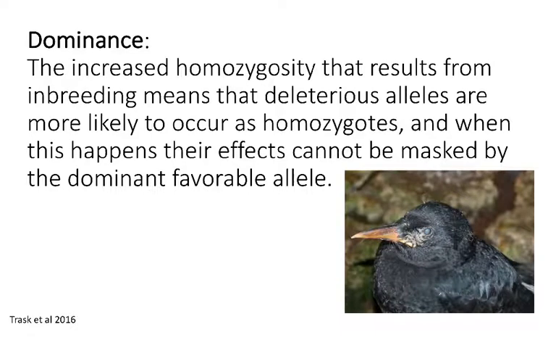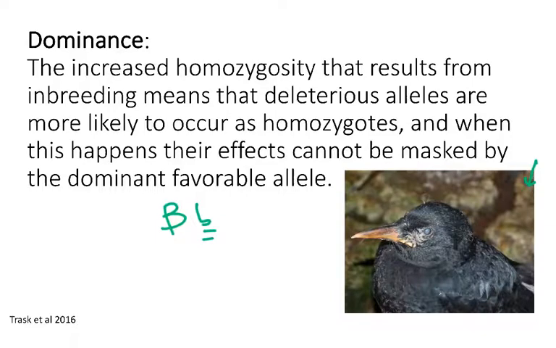An example of this is shown here on the right. This particular bird in this population is suffering from a type of lethal blindness. If you look, its eye looks a little funky. So say that the recessive allele lowercase b is what causes this blindness.